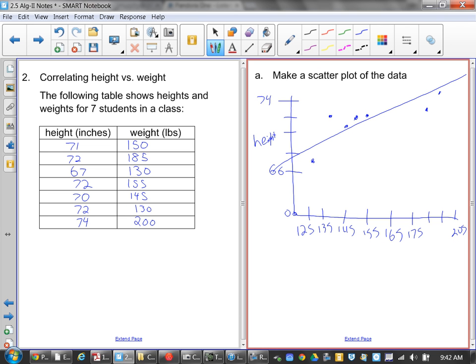I'm trying to take into consideration the outliers up here. That's why it's up a little bit more this way. It might not be bad to take this point here and connect it out to one of the other ones, like this. See how now I've picked 2 points that represent the best idea of the data? Do you remember how to write the equation of a line given 2 points? No.